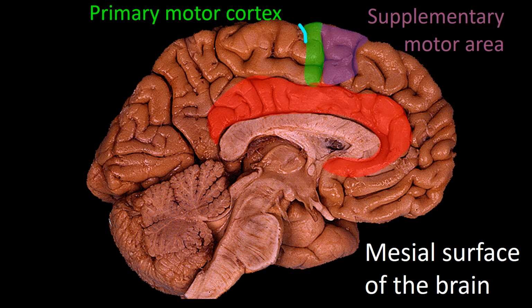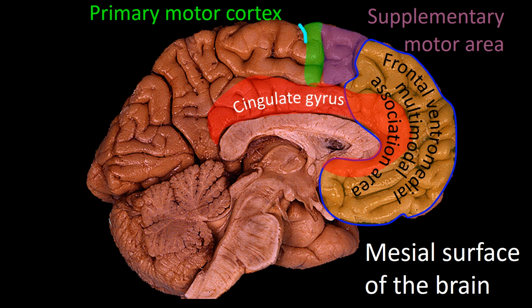And I have now colored red the cingulate gyrus. The anterior part of this gyrus and the mesial frontal region constitute the frontal ventromedial multimodal association cortex.